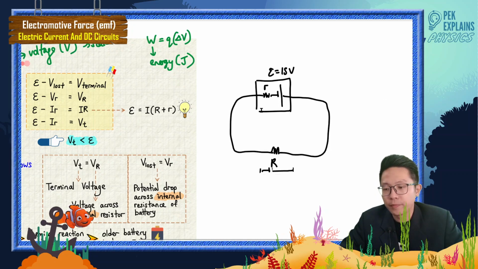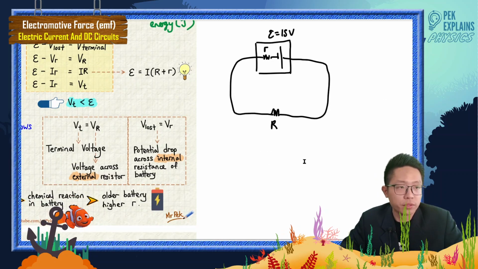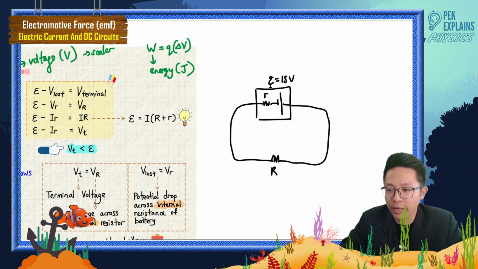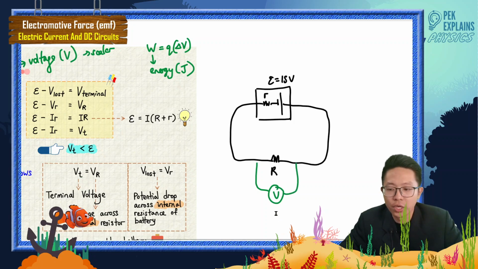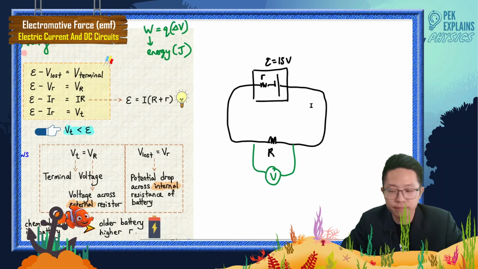Now, even though the battery has EMF 15 volt, do you think the resistor will receive the EMF 15 volt totally? If I connect a voltmeter across the resistor, do you think the voltage across the resistor is also 15 volt?